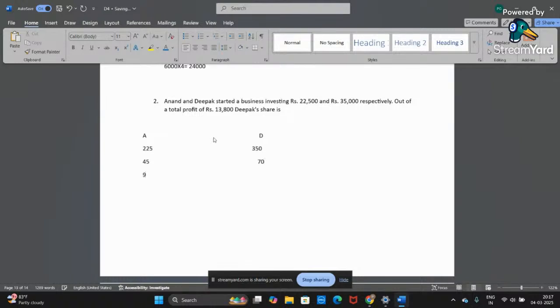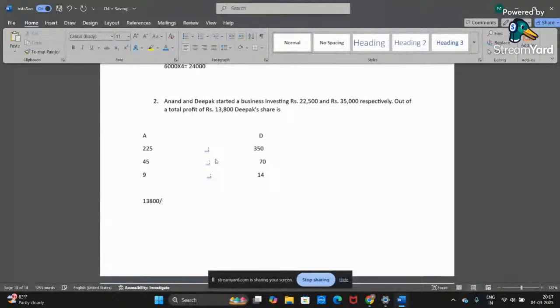Again we can simplify, 9 and here it is 14. We're just taking their investments and solving in the ratio form, so that it is 9:14.